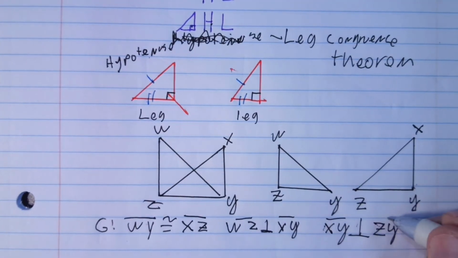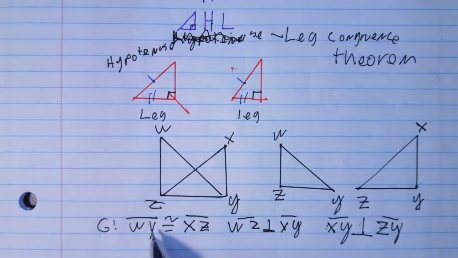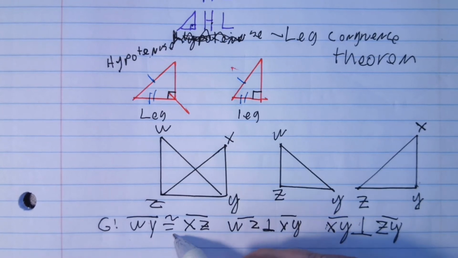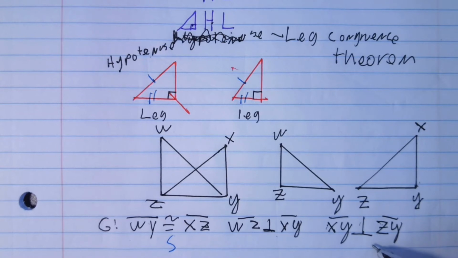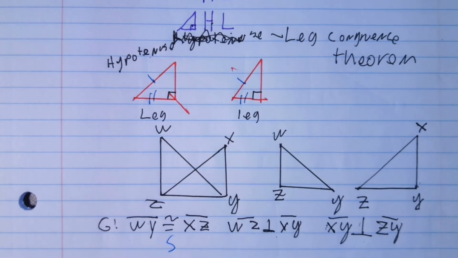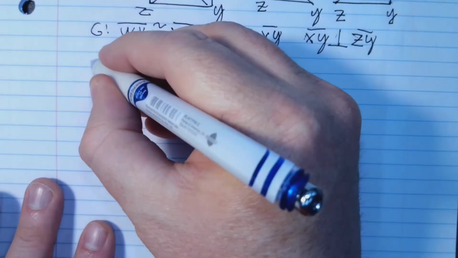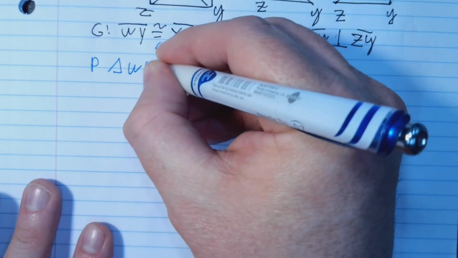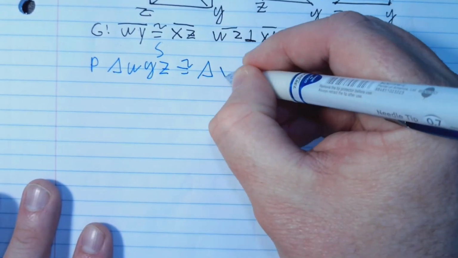Okay? Here's what I'm thinking about strategy already. I'm thinking, well, that's a side. This is going to give me a right angle, and that's going to give me a right angle. So that might be useful, okay? All right, so what are we going to prove? Well, probably we're going to prove that triangle WYZ is congruent to triangle XZY.